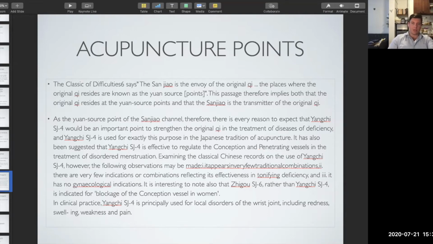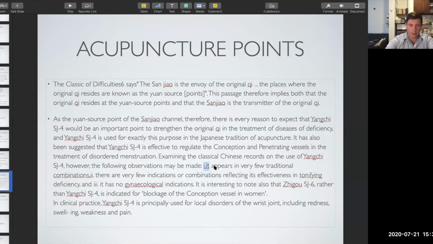Examining the classical Chinese records on the use of Yang Chi, Sanjiao 4, however, the following observations may be made. One, it appears in very few traditional combinations. This is not a commonly used point even today.